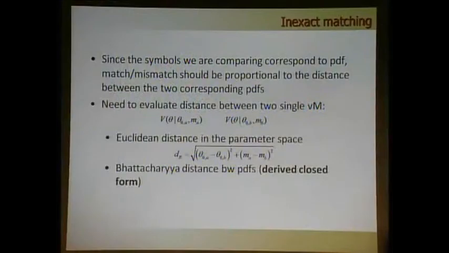In our case, symbols are PDFs, so we must define a measure to compare two PDFs, and in particular two von Mises PDFs. We decided to use a statistical distance because it preserves the circular properties of the PDF itself, and we derived the closed form of the Bhattacharyya coefficient in the case of the von Mises distribution.